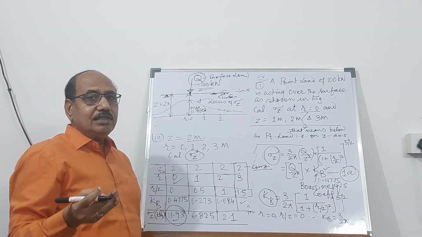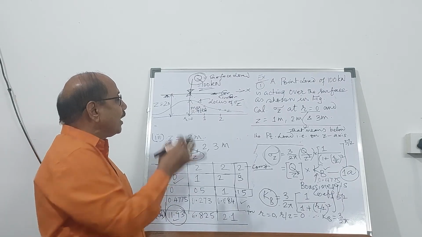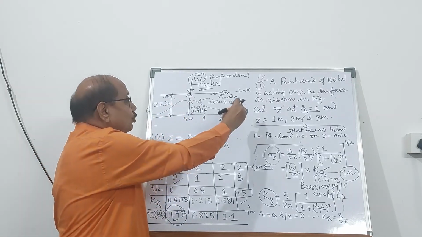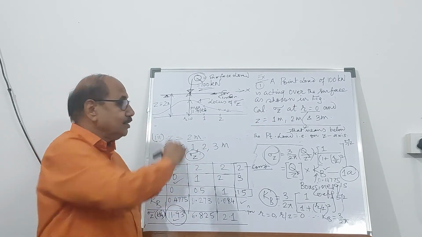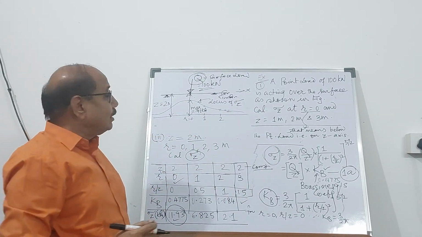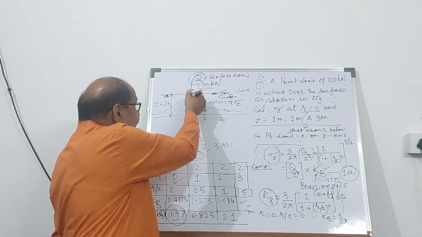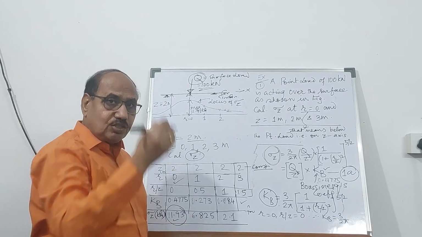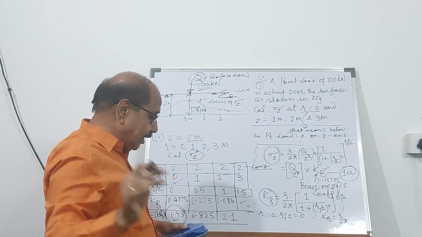In the next video we will do a few more problems on this to make the point clear. So this is the vertical pressure distribution over the horizontal plane at any fixed depth. This is the kind of variation. This is very, very important. So the maximum settlement will be below the point load itself. On the axis of loading, the maximum vertical pressure, and hence the settlement, is going to be maximum. Thank you very much.